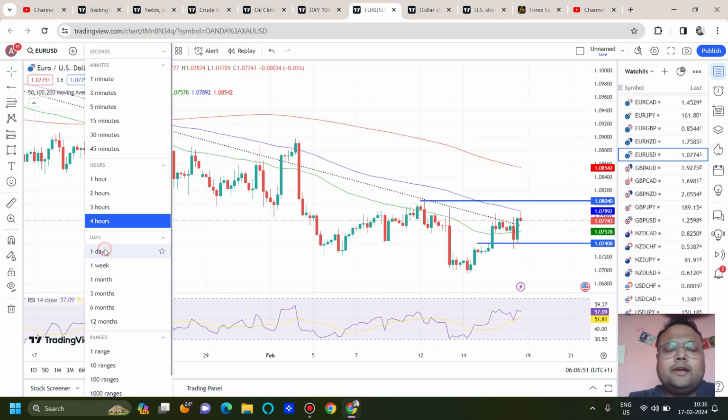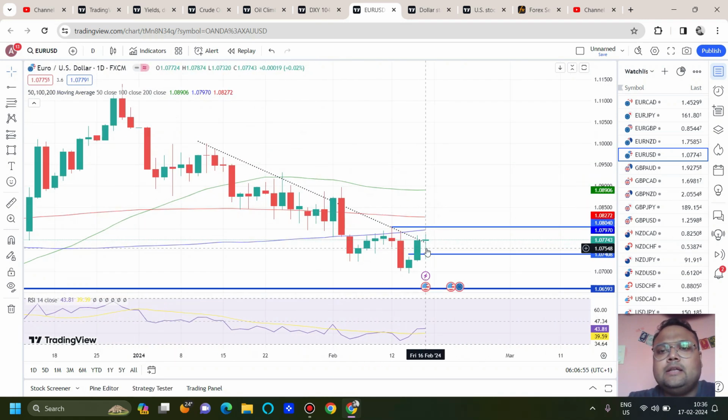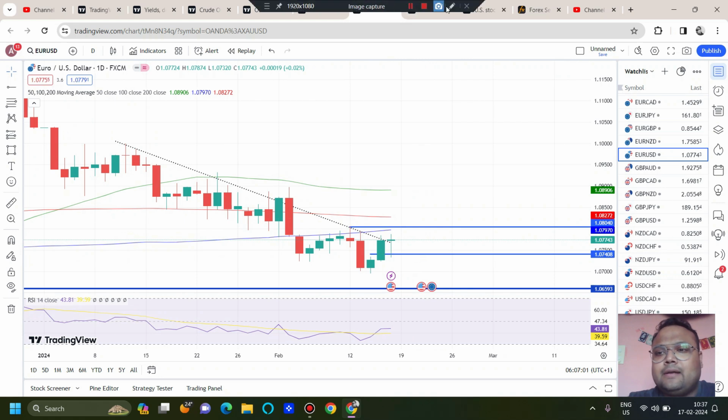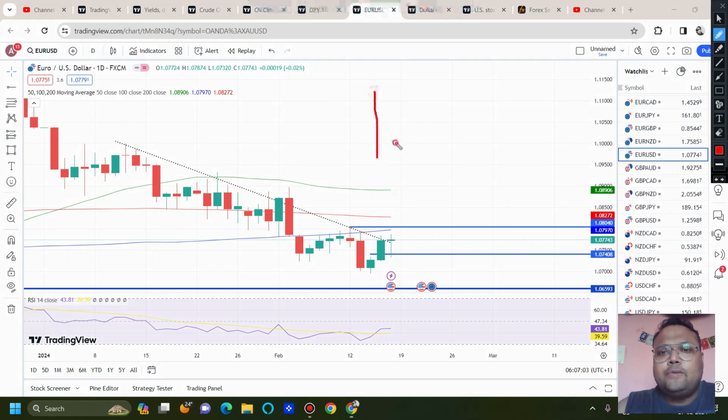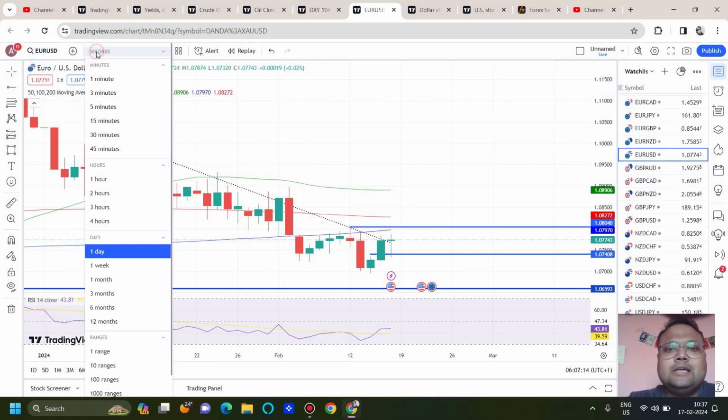If you look at the higher time frame, like the 1 day time frame, we can see that the market has already shown extreme price rejection from below. So we can expect that if Euro USD breaks 1.0800, the market will try to go up here. So 1.0800 will be an important, significant level for Euro USD.